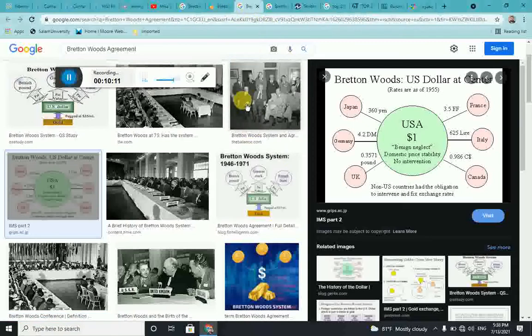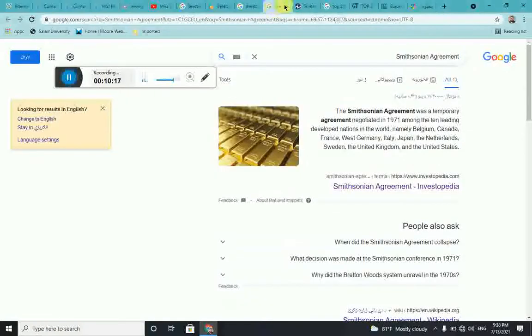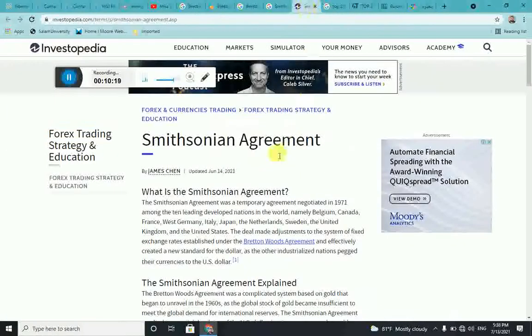Later on, some of the countries started not following the Bretton Woods Agreement.